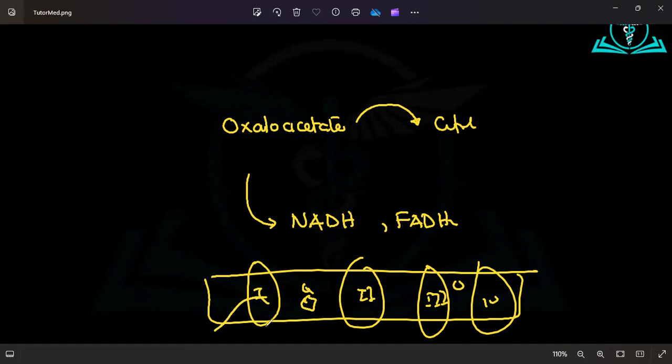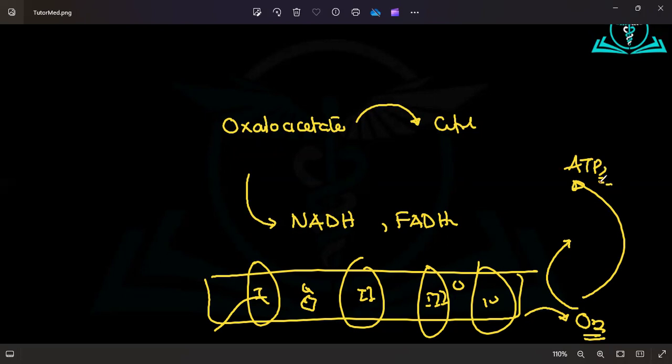This one will use the first complex, this one will use the second complex. And eventually oxygen will be at the receiving end. And once it gets the electron, it phosphorylates it. That process of phosphorylating the received electrons is what is called oxidative phosphorylation. And that is what will release the what? Energy in the form of ATP. Is that okay?